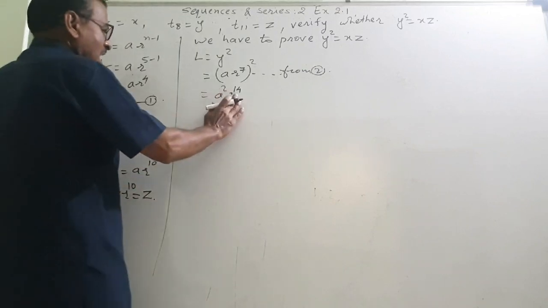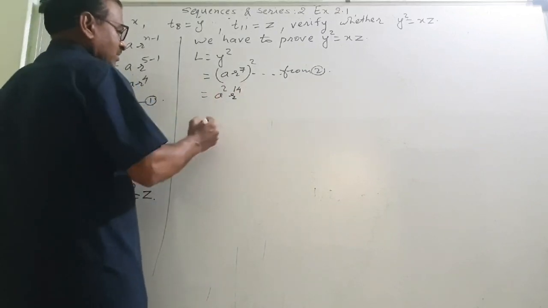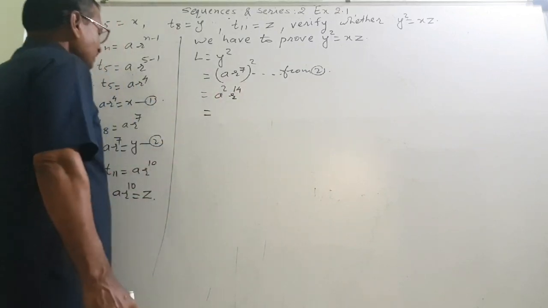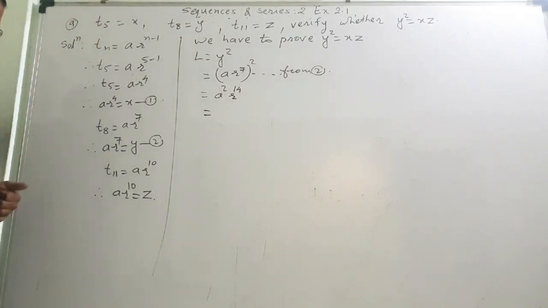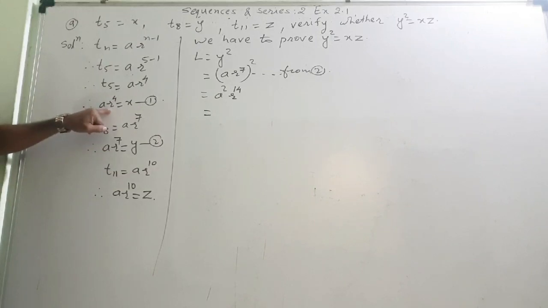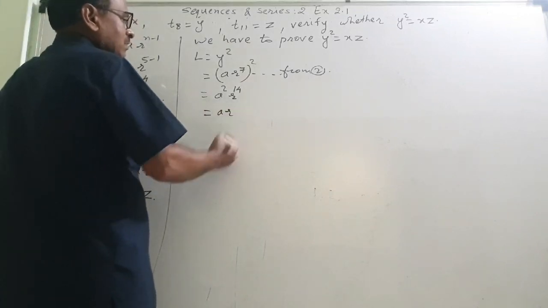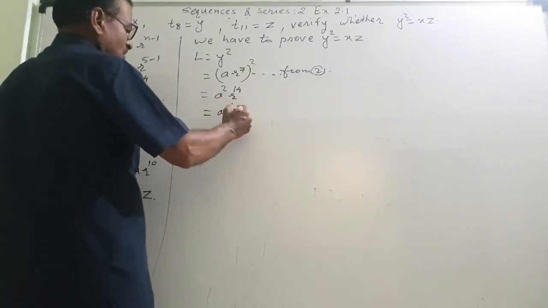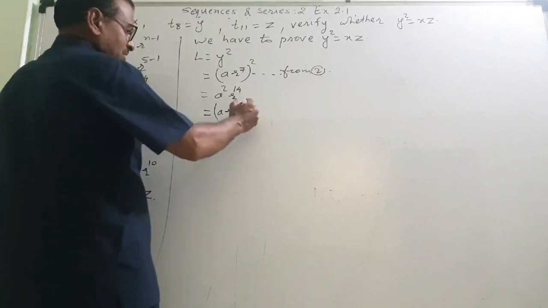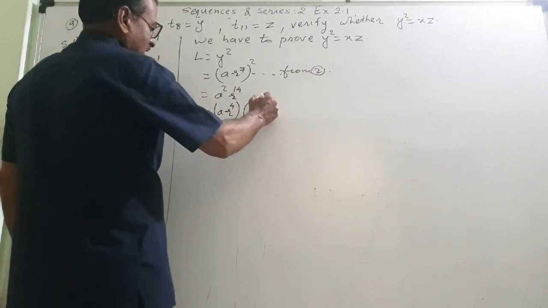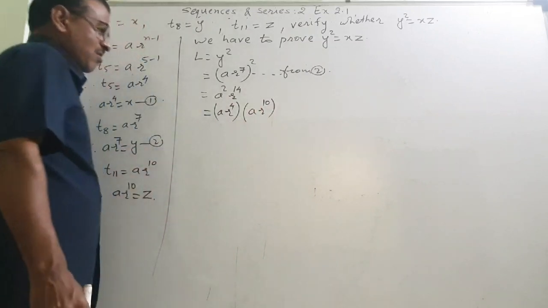Now I will split this in terms of ar raised to 4 and ar raised to 10. See this. ar raised to 4, this one part, into ar raised to 10. Am I right or wrong?